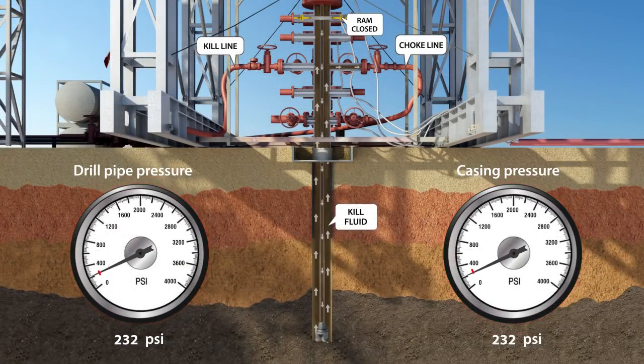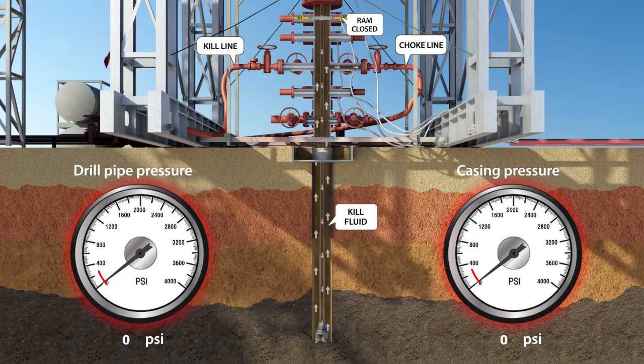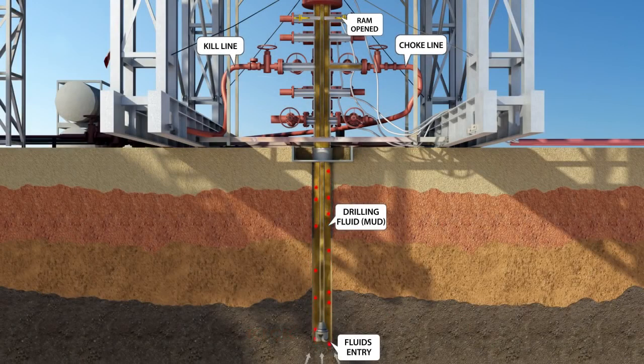Then, the well will be killed with weighted mud by circulating the kill fluid until both the drill pipe and casing pressures reach zero. If all of the well control barriers failed, such as human barriers, BOP equipment barriers and system barriers, and the BOP leaked while circulating the kick out, this could lead to uncontrolled flow of formation fluids and possibly a blowout.